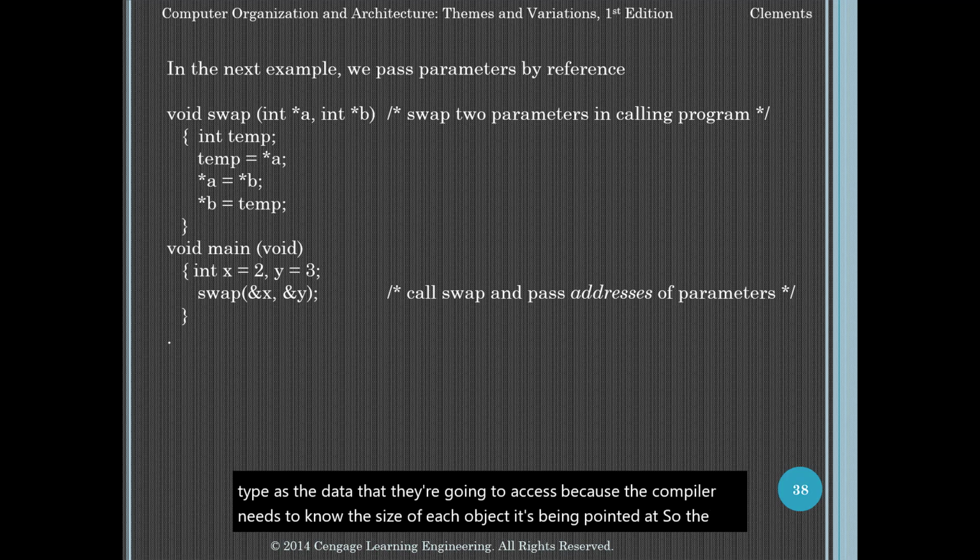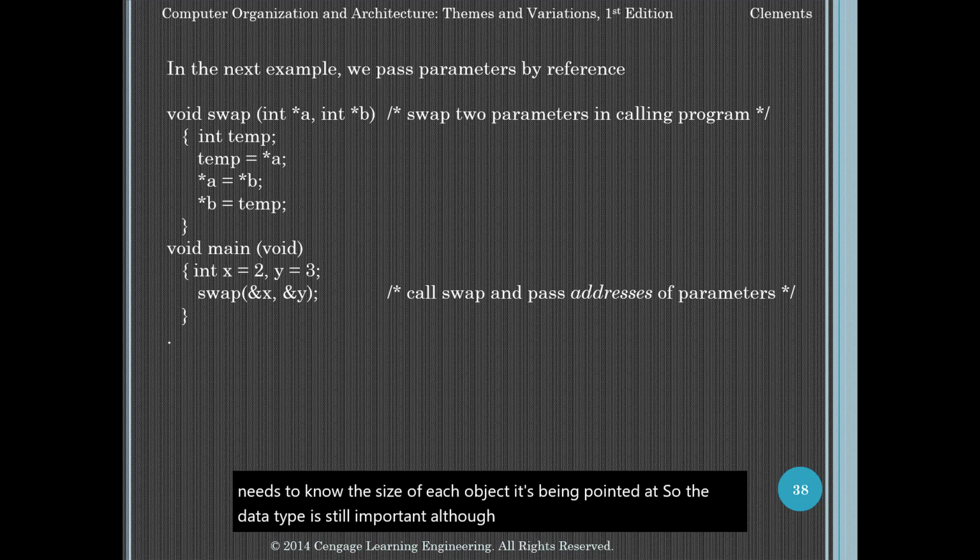So the data type is still important, although the variable only contains a memory address. When you put an asterisk in front of a pointer, you're said to be dereferencing the pointer, which is accessing the data being pointed at.